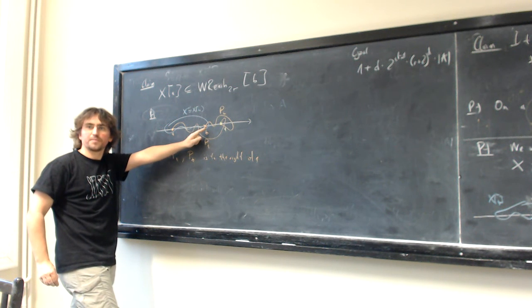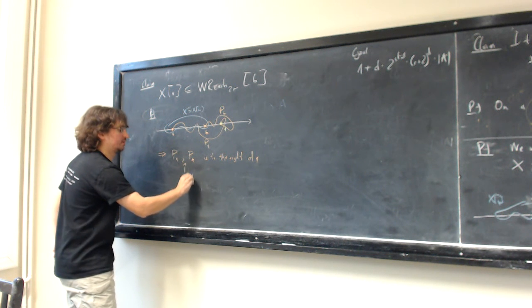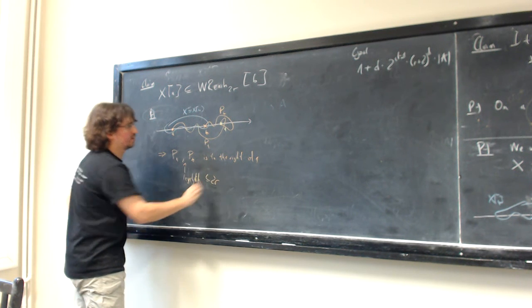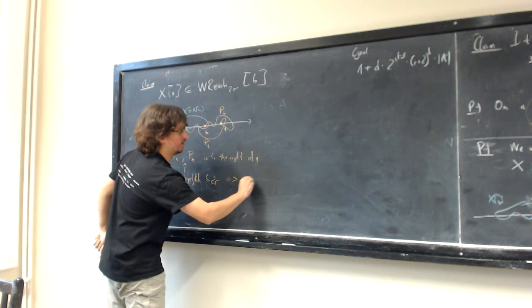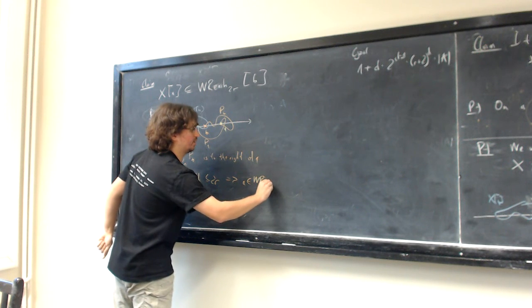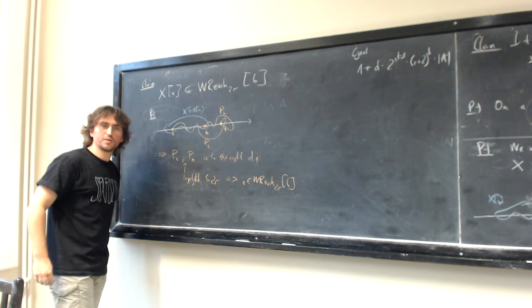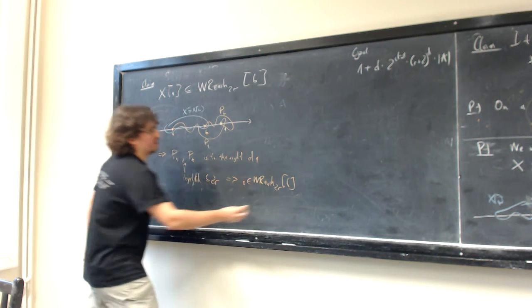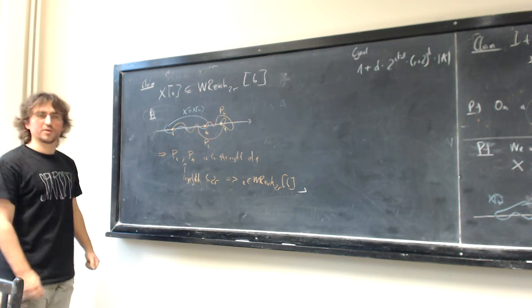And this concatenation has length at most 2r, which gives me that A is in the weak reachability set 2r of B. Good. So now with this claim ready, I can prove that the number of different local separators is small.